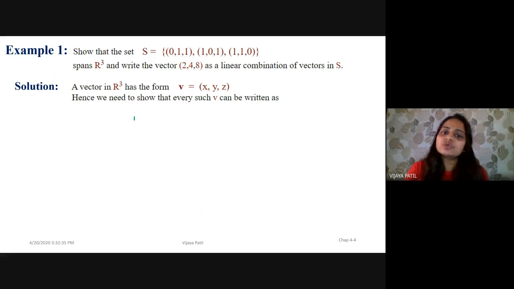We need to show that every vector V, that is (X, Y, Z), any three components, can be expressed as a linear combination.